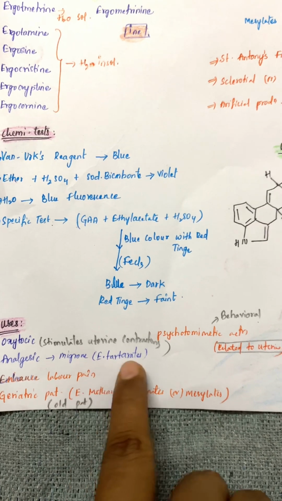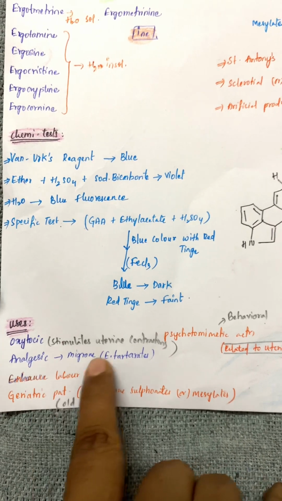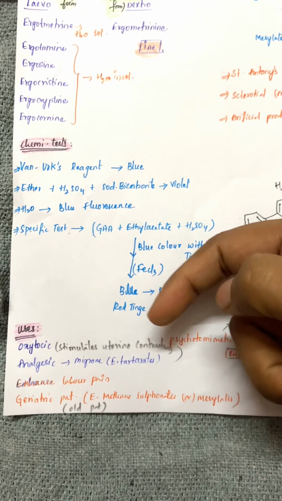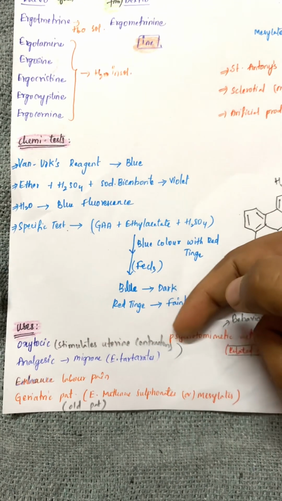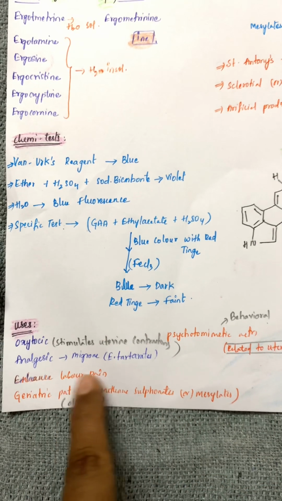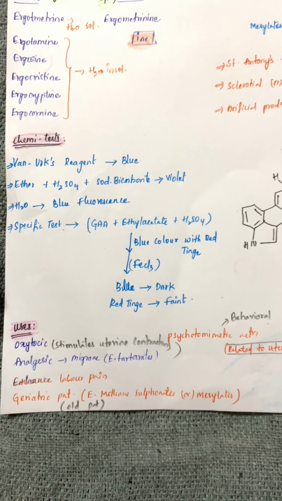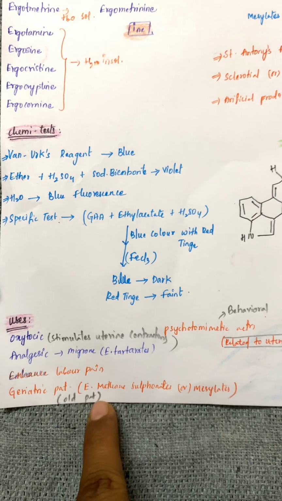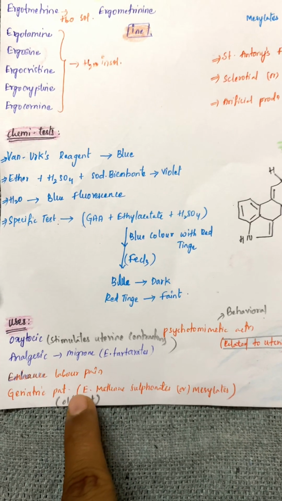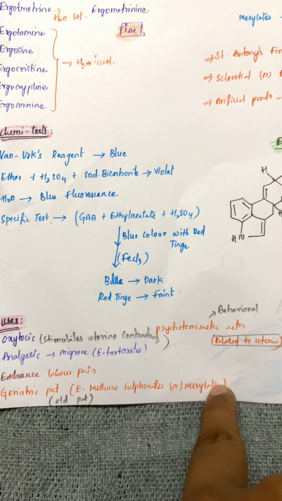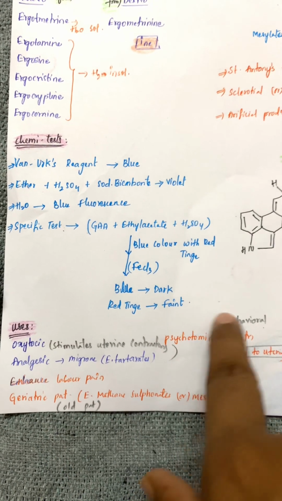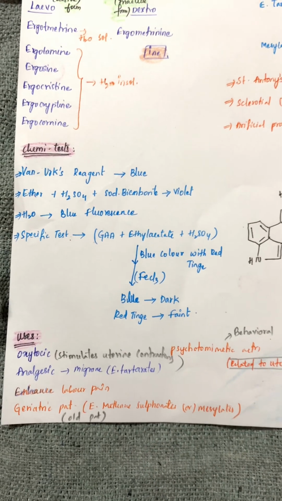Generally ergotamine tartrate is used in migraine conditions. So as I said, oxytocic stimulates uterine contractions, hence it is used to enhance labor. Now in geriatric, that means in old patients, okay, we use ergoloid mesylates. So generally these have psychomimetic action which are behavioral actions, okay.